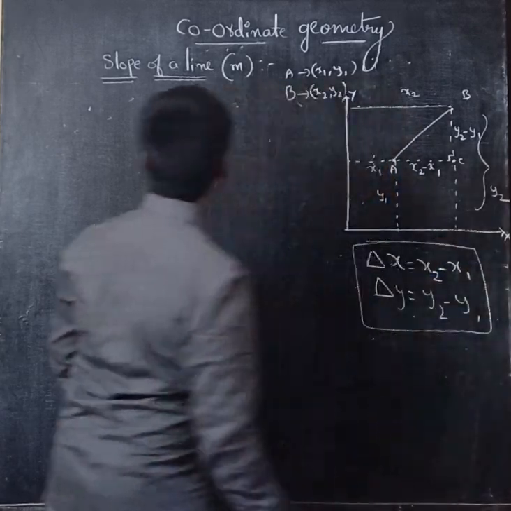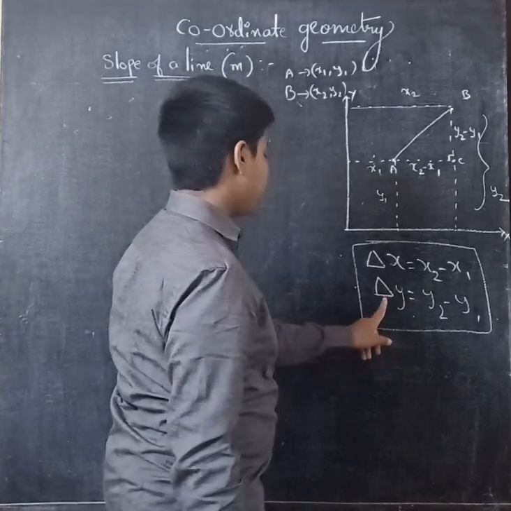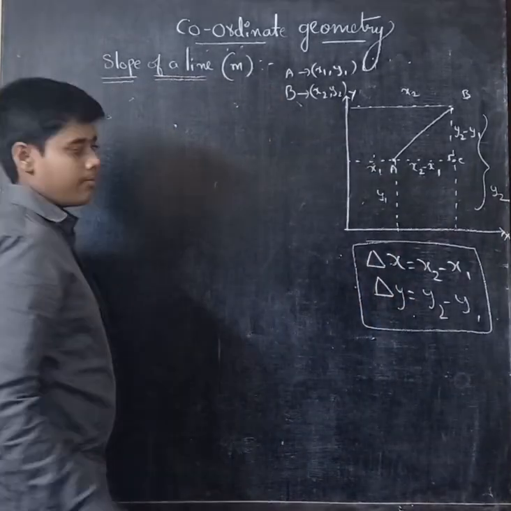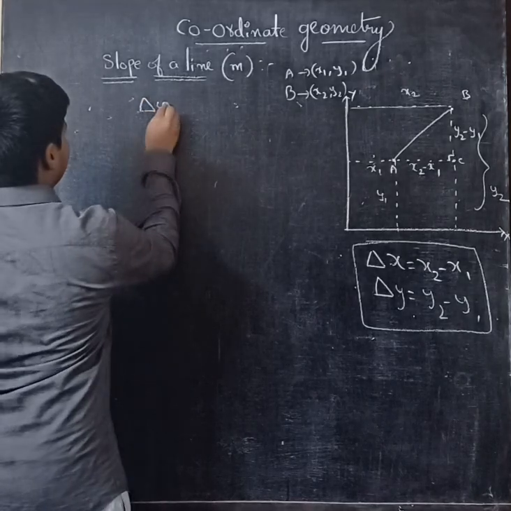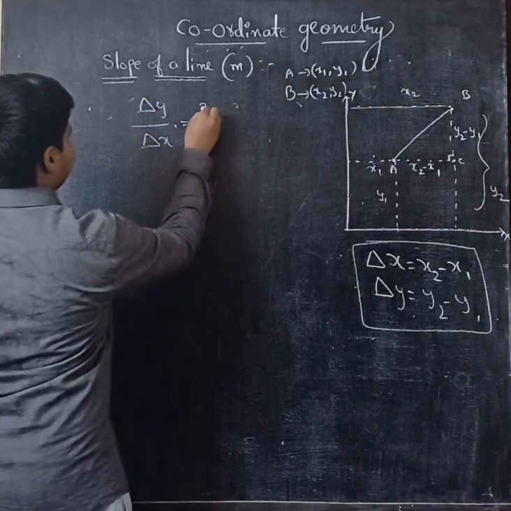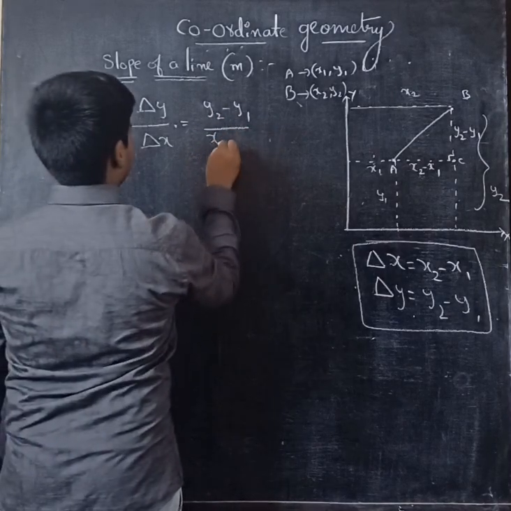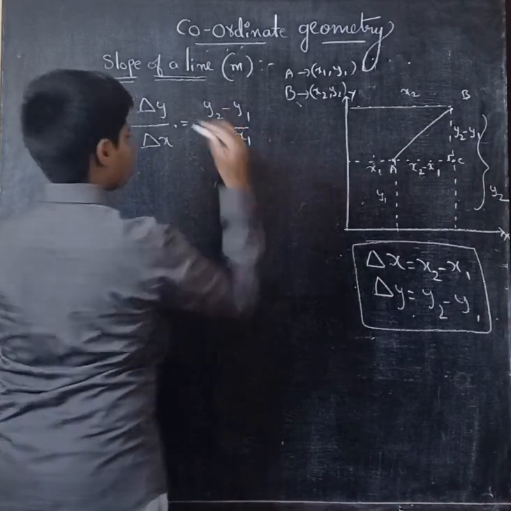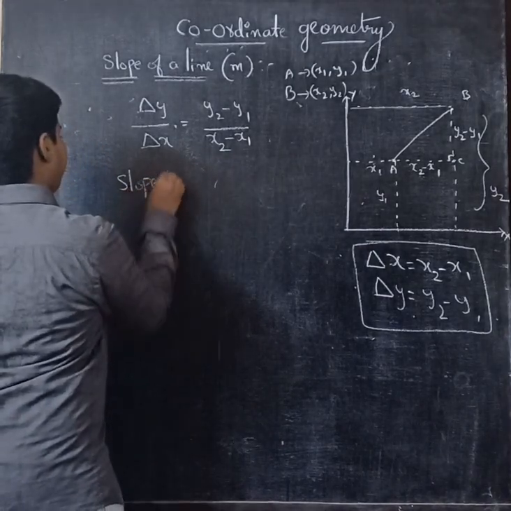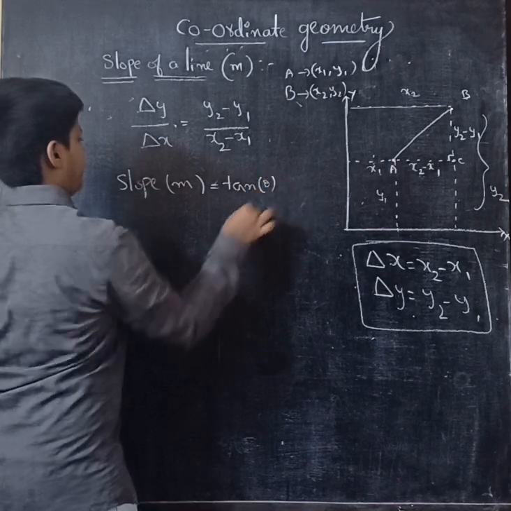And here slope of a line means the ratio between the change in the y-axis value to the change in the x-axis value. Delta y by delta x, which is equal to y2 minus y1 by x2 minus x1. Okay, and this slope m is also the value of tan theta.